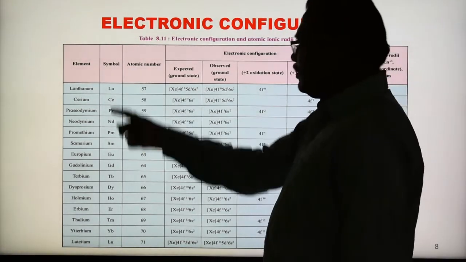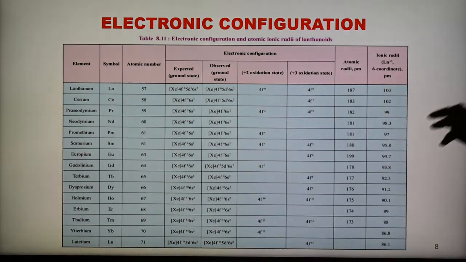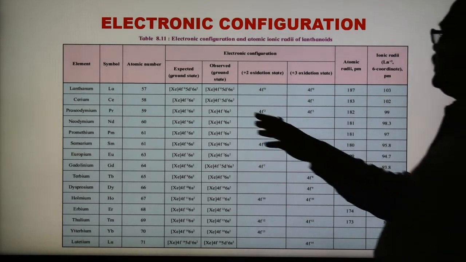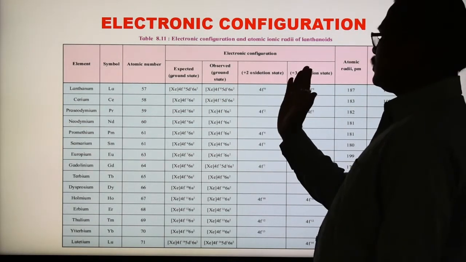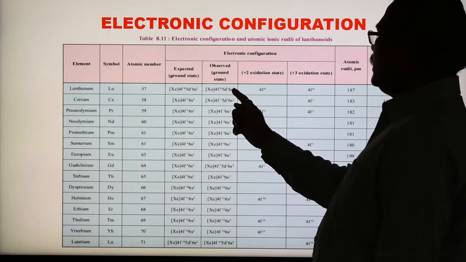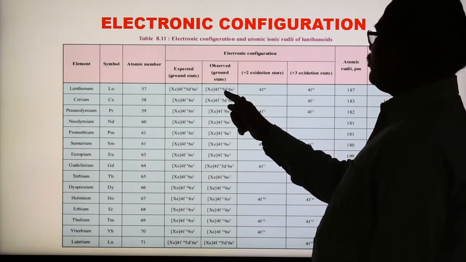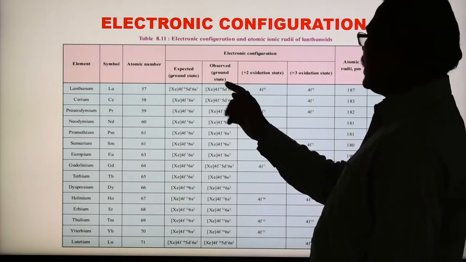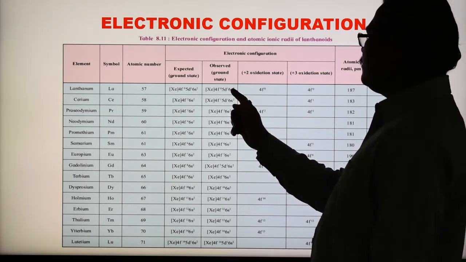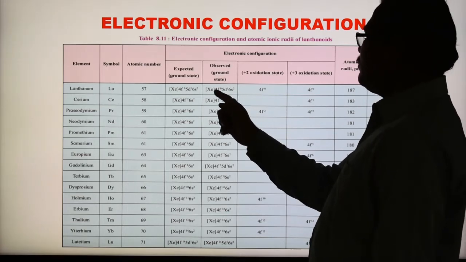So in all these elements the last electron goes to the f orbital, and the configuration shown here has 6s as the outermost. Inner to the outermost, the penultimate, is 5d. Inner to that 5d is 4f. So this is n, this is n minus 1, this is n minus 2.